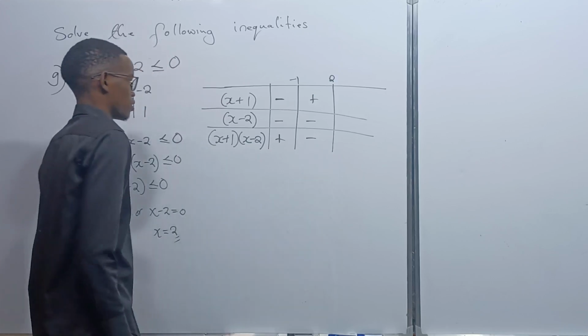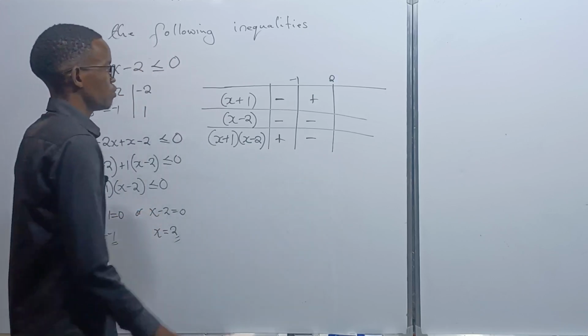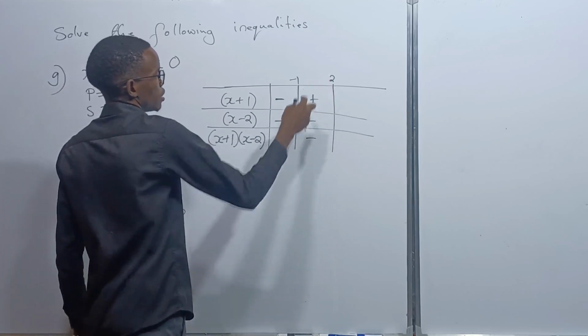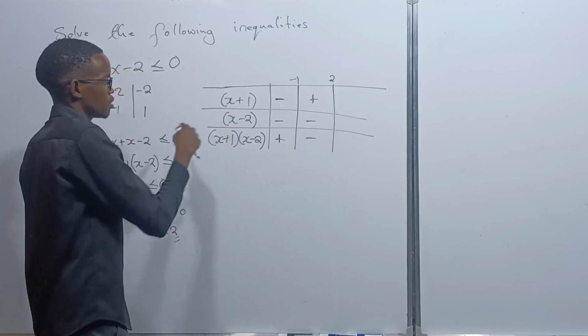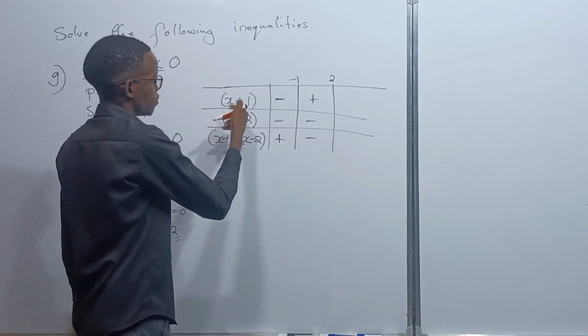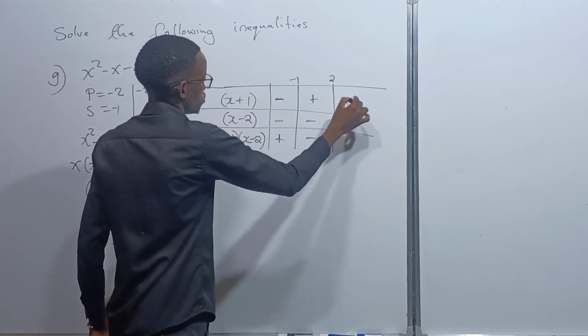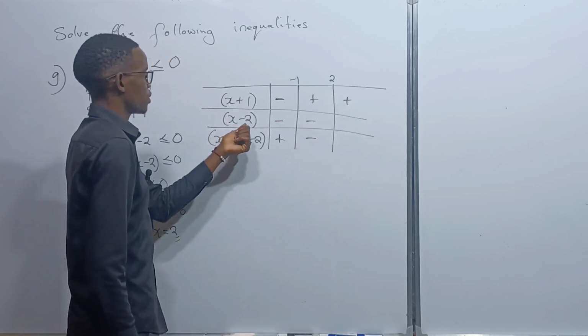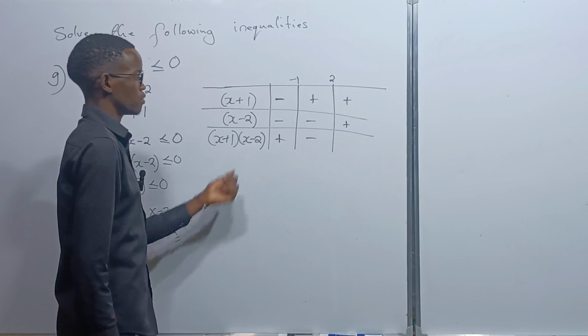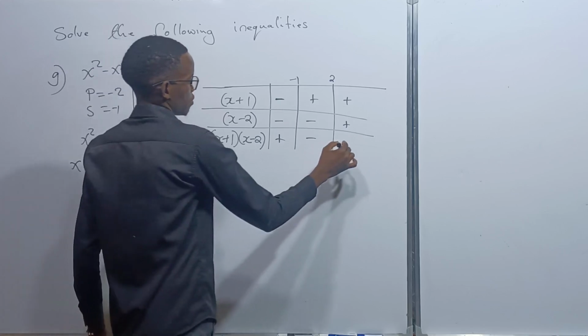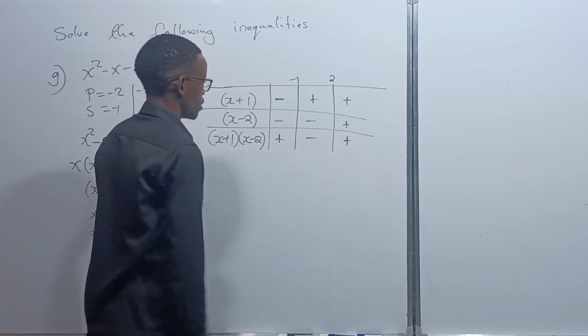Next, we pick any number greater than 2, so let's work with 3. Then x plus 1 gives 4, positive, and x minus 2 gives 1, positive. So positive times positive is positive.